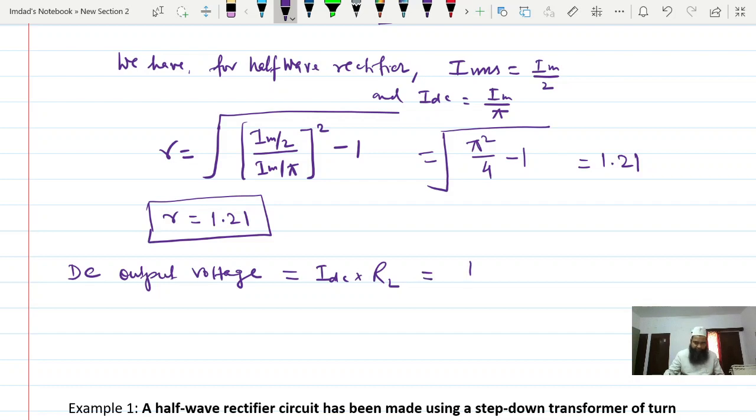I DC can be written as Im upon pi into RL. Im can be written as Vm upon Rf plus RL, into RL, upon pi.